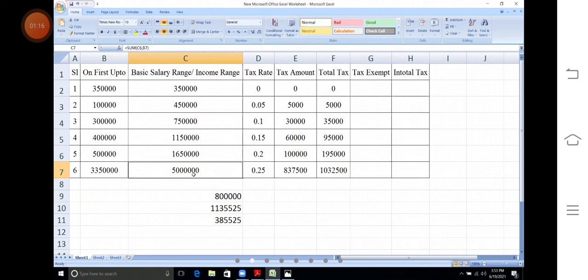Relaxation is that your taxable amount, 25% of your taxable amount, you can invest. You can invest 25%, and that 25% amount, another 15% for the tax exempt.